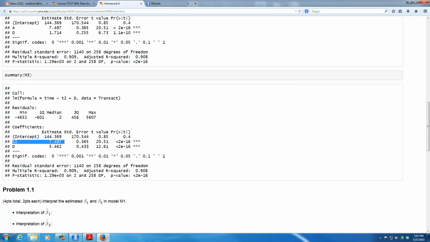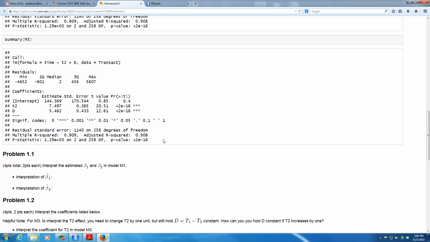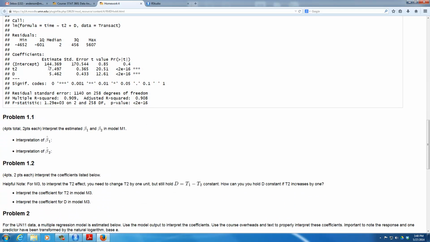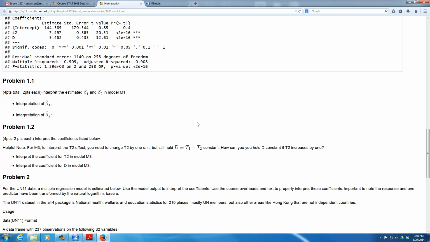What does that number mean? And you have to remember that to interpret one of these, you have to hold the other variables constant. And the problem is, how do you hold D constant when it involves both T1 and T2? You're increasing T2 by 1 transaction. How do you hold D constant?